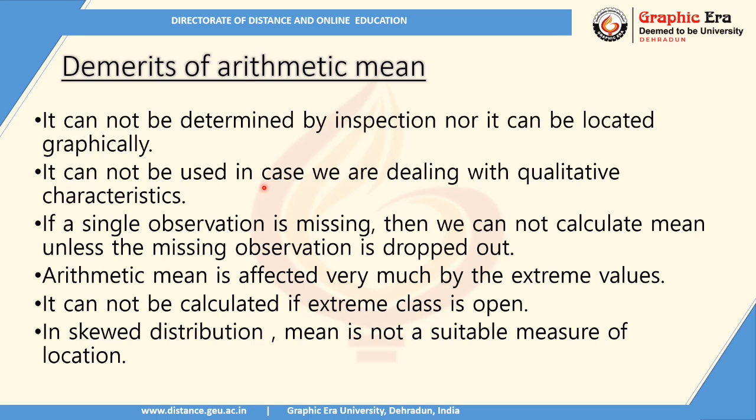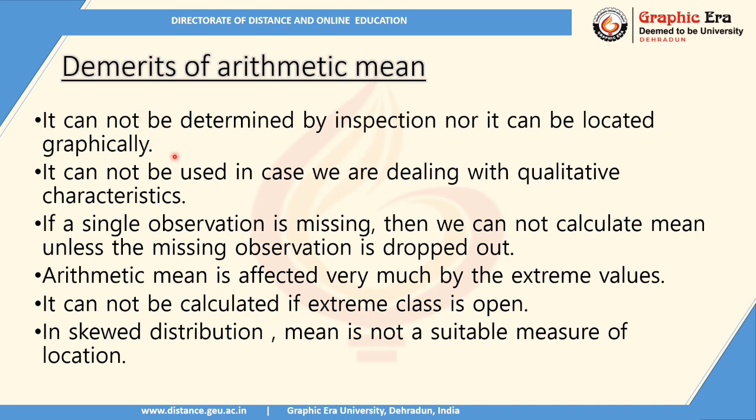Now come to the demerits of the arithmetic mean. There are so many demerits. Some are, it cannot be determined by inspection, nor can it be located graphically.